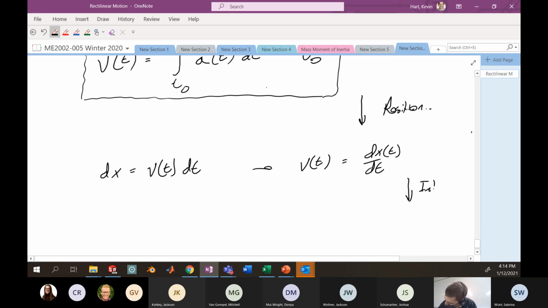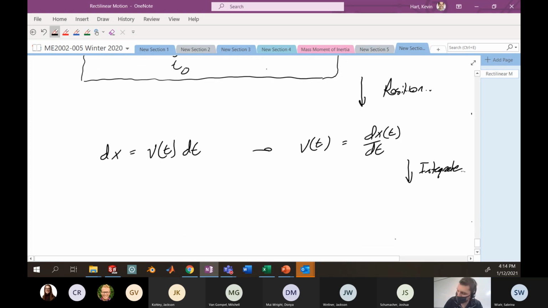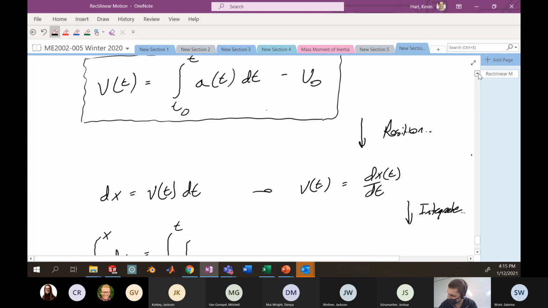We could again integrate from some initial condition x naught to some final condition x. Again, integrating on time, from some initial time to some final time, of my expression of the velocity, which I have from above here.